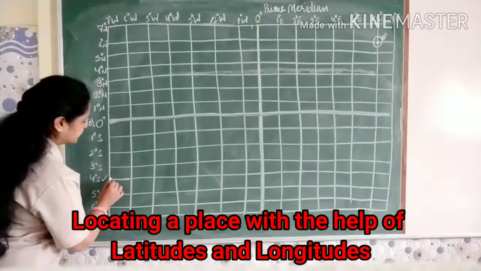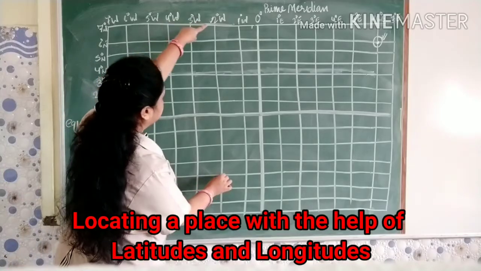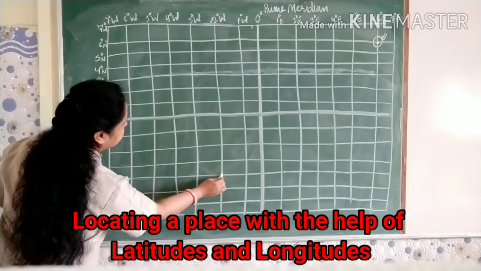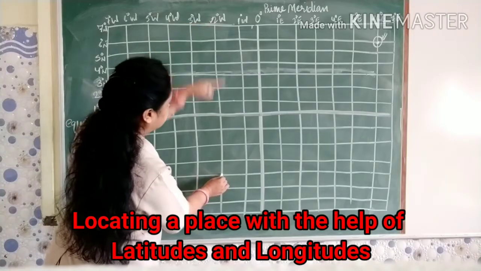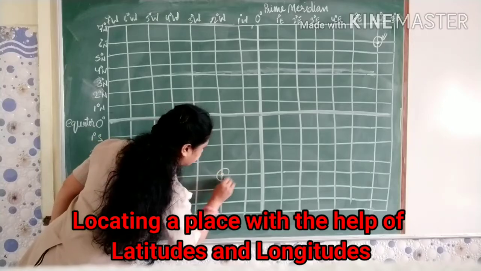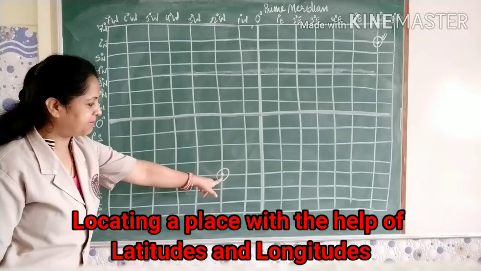Let us start from here and this is our 2 degree W. You can see this is our 4 degree S and this is our 2 degree W. That means the place is located here. This is the exact location of the place.